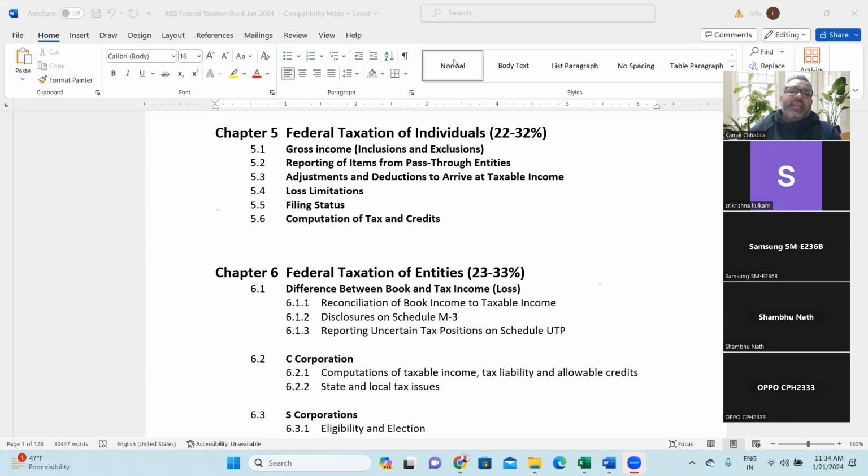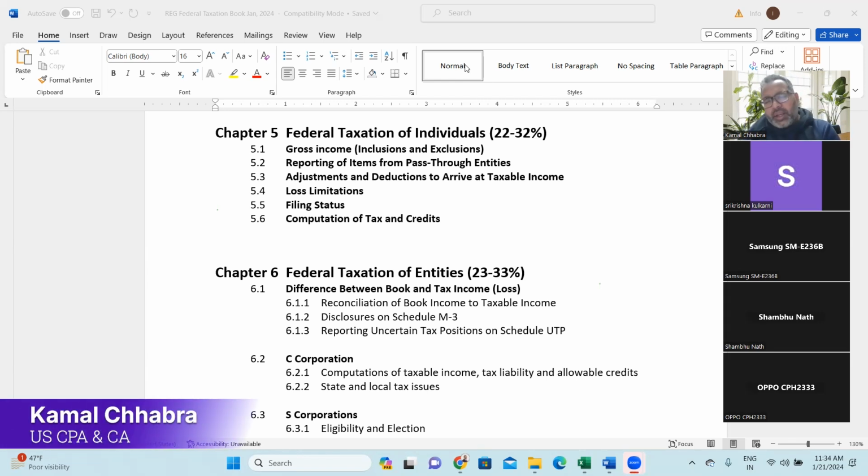Second is reporting of items from pass-through entities. This is also a very new concept which you are not exposed to in India. In the US, there are two types of entities which can be considered pass-through entities. First is the partnership firm. Second is the S corporation.